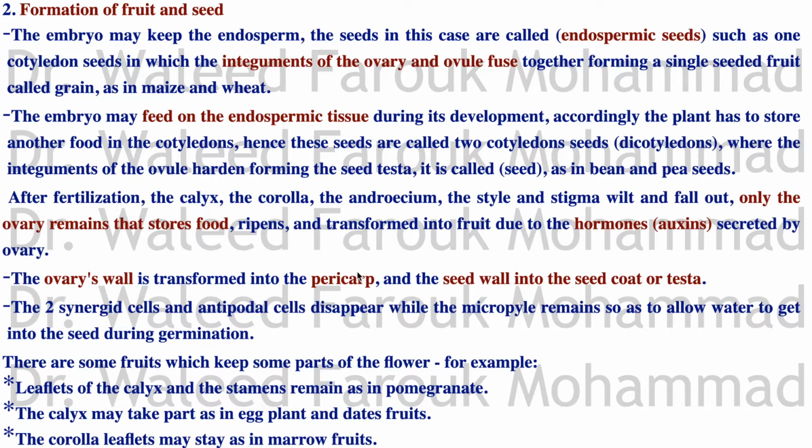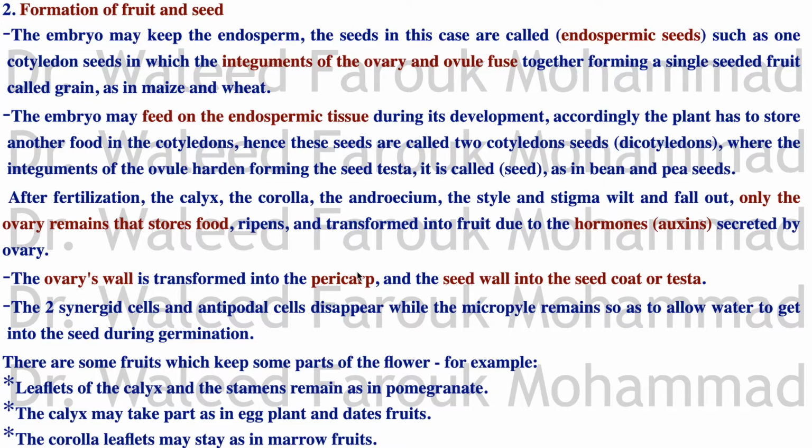So the rest of the parts will wilt and fall out. The ovary's wall is transformed into the pericarp, the fruit's skin, and the seed wall into the seed coat or testa.